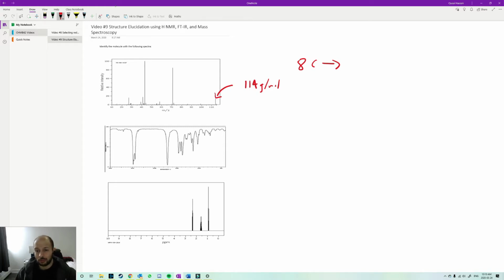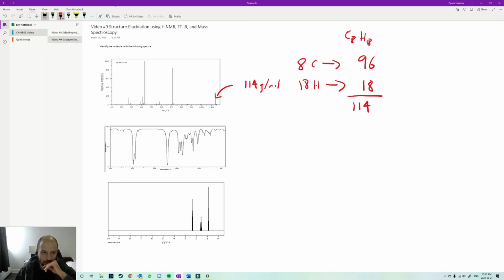That's 96. And then that leaves me with about 18 mass units to play with. So I could say I have 18 hydrogens, and that would give me 114. So one possible molecular formula is C8H18, right?